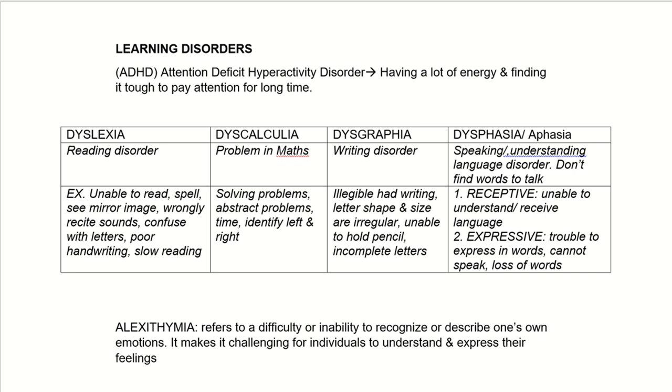Receptive is when you are unable to understand language, but when you are unable to express or talk in a particular language, it is expressive. Okay, there is also alexithymia, which refers to difficulty or inability to recognize or describe one's own emotions. It makes it challenging for individuals to understand and express their feelings.